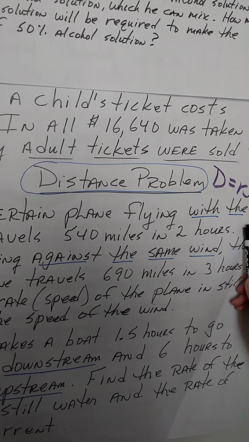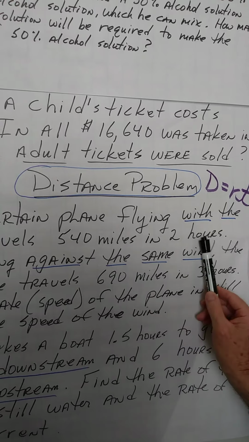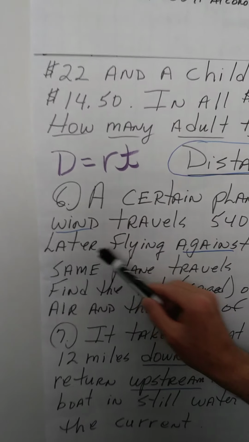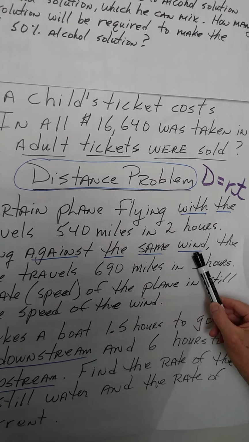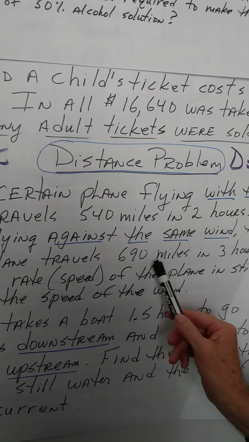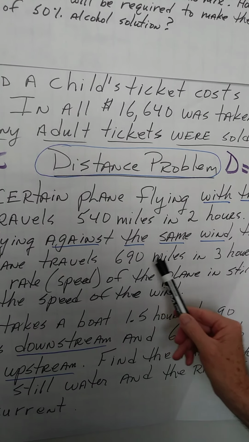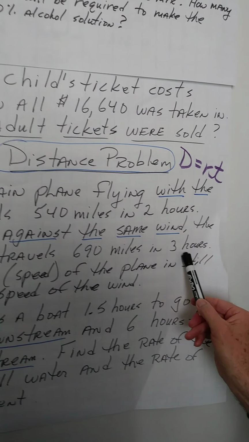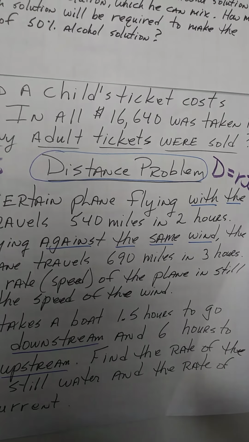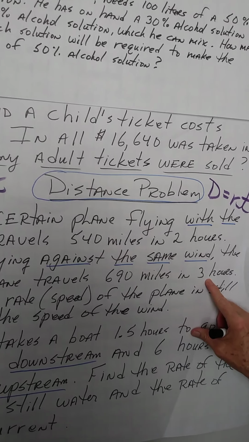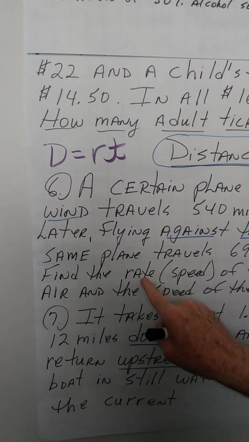Later, flying against the same wind, the same plane travels 690 miles in 3 hours. Here's the question. Find the rate.